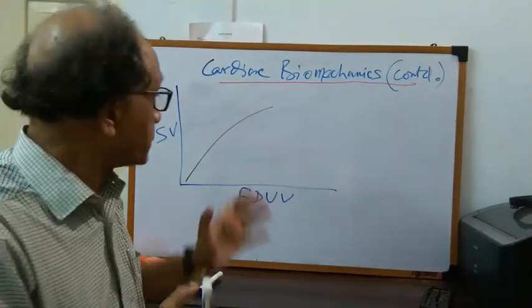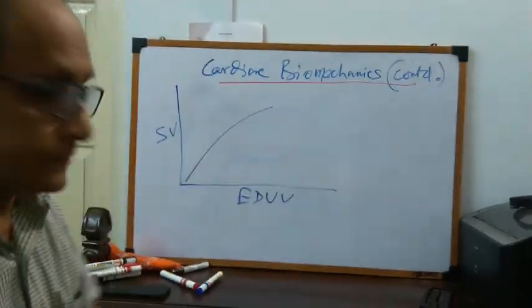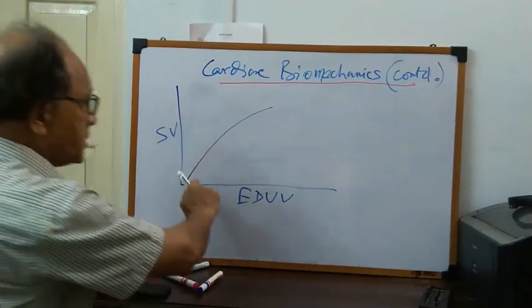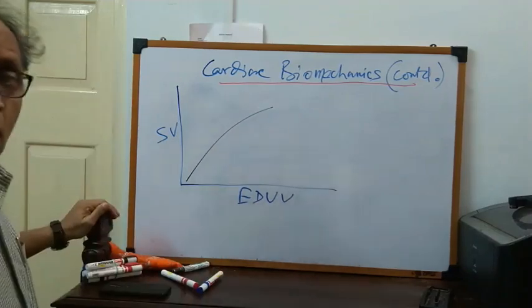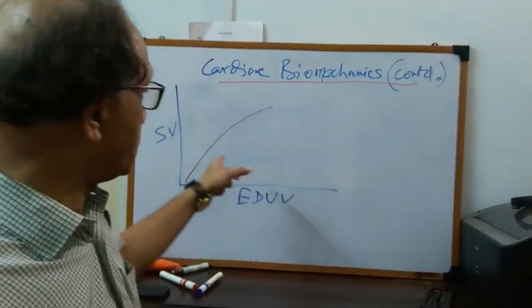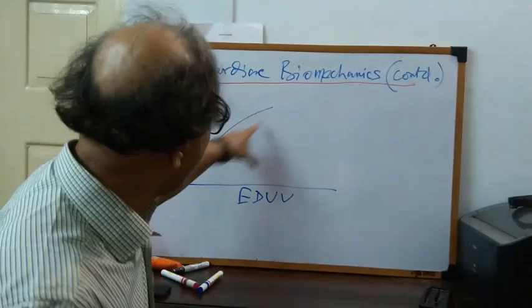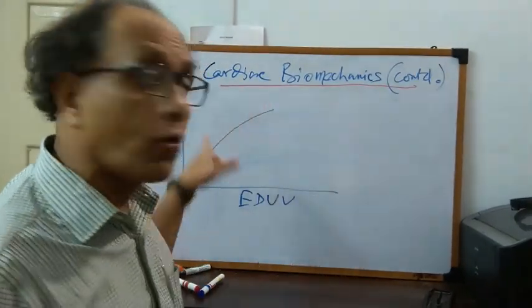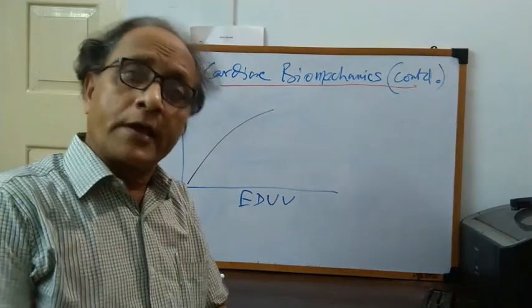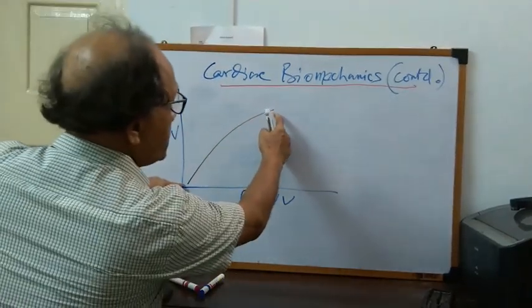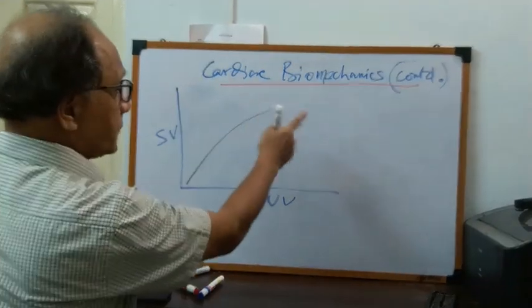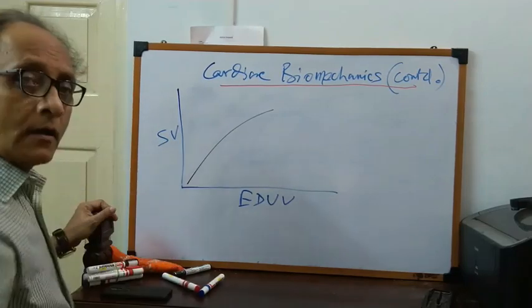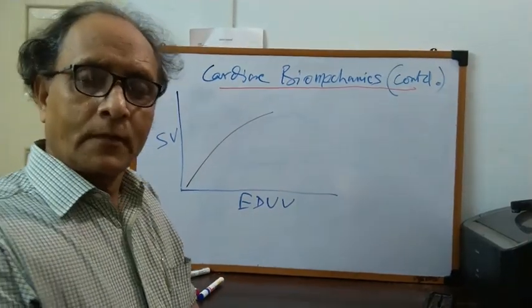Now let us try to understand what is the implication of this curve. As EDV is changing, stroke volume is changing, and this ascending portion of this length tension relationship curve, which is extrapolated like this, is almost linear, isn't it? Not strictly linear, but almost linear. So we can say that as long as it is within the ascending limb, EDV and SV are directly proportional.